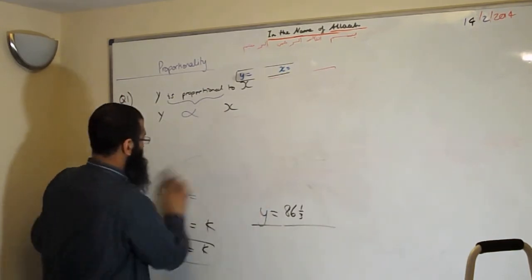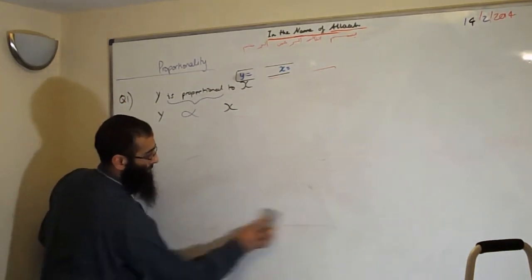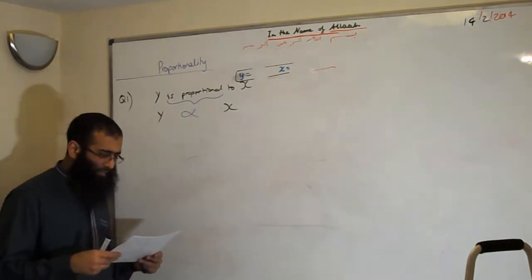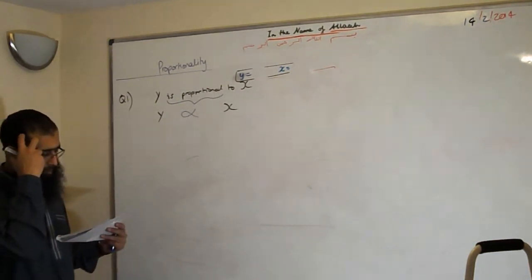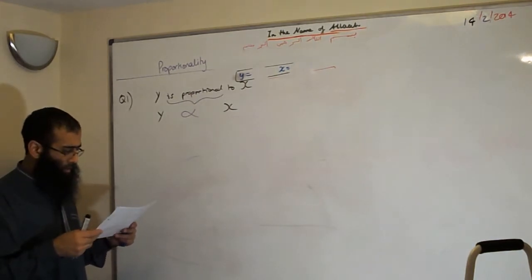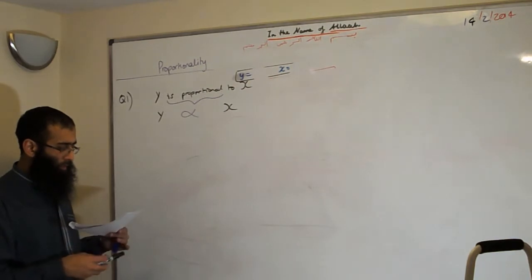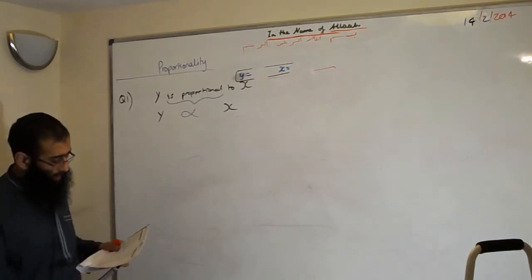Okay, let's get rid of all this. Right. Here's the next question. So that was exercise 17D, question number 1. Can we have a go at question number 2? Okay, question number 2.